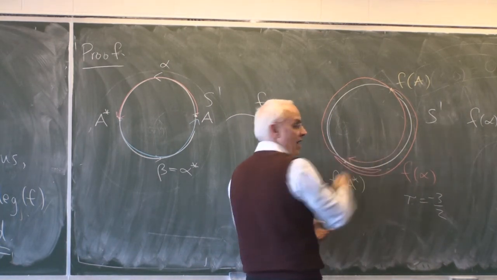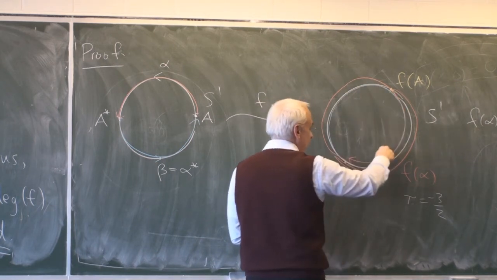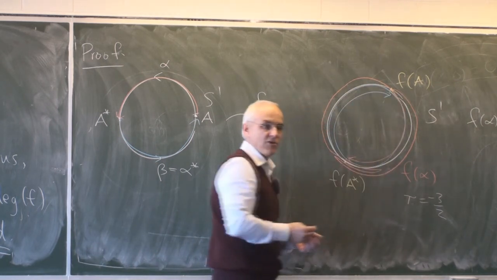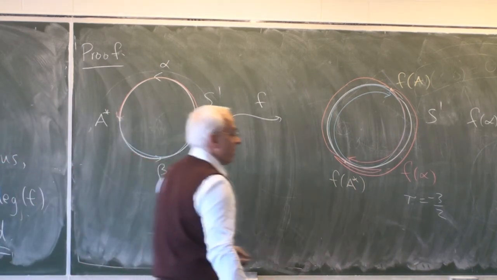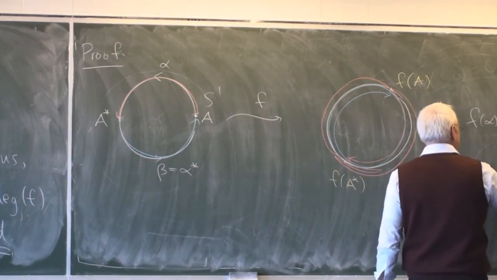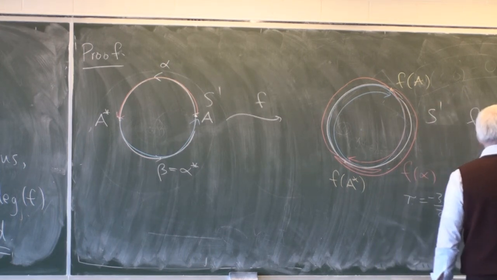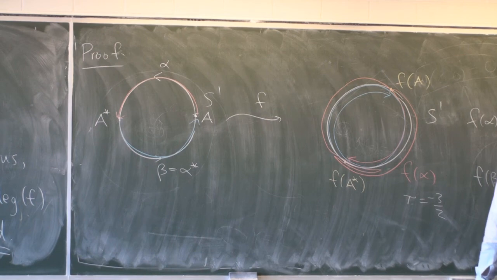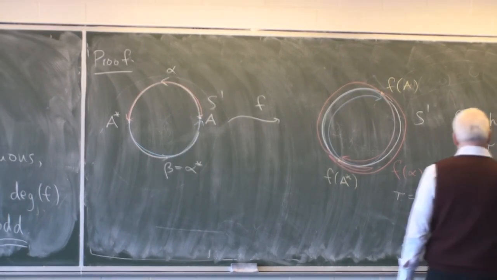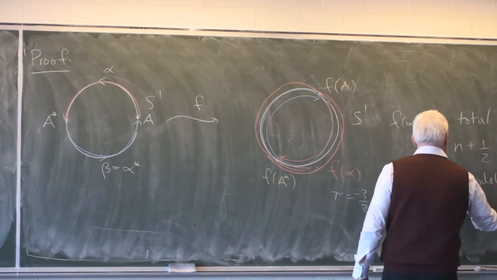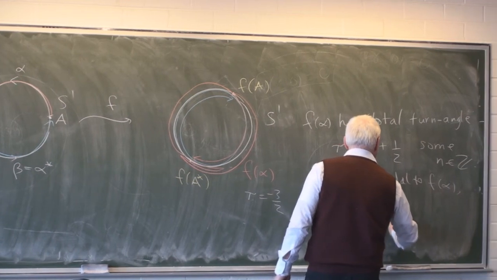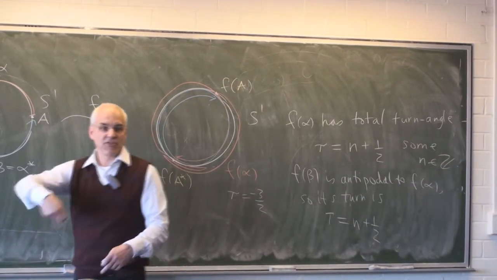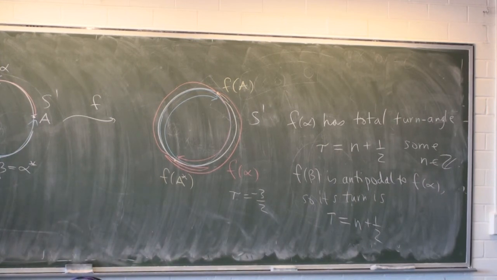So if alpha went around 1.5 times this way, then beta's got to go around 1.5 times in this direction. So f of beta is antipodal to f of alpha. So its turn is going to be the same, n plus a half. It's going around the same number of times, plus a half.